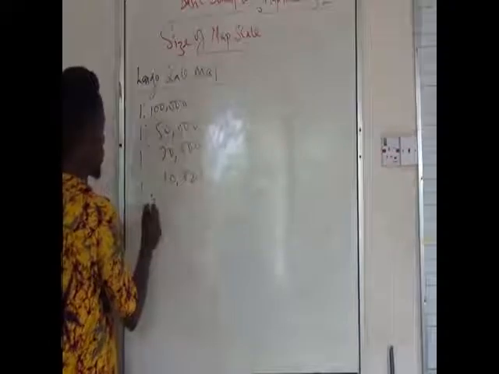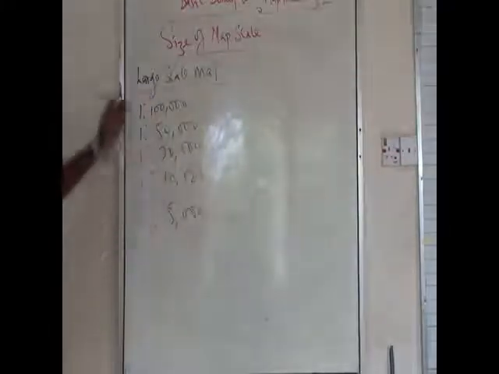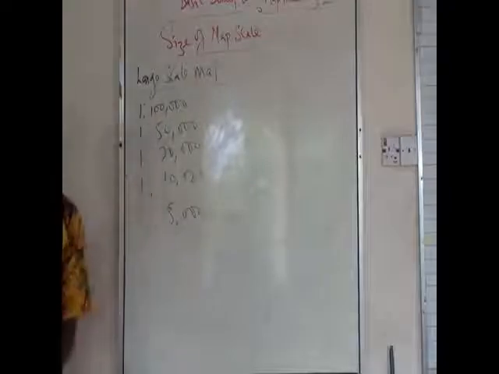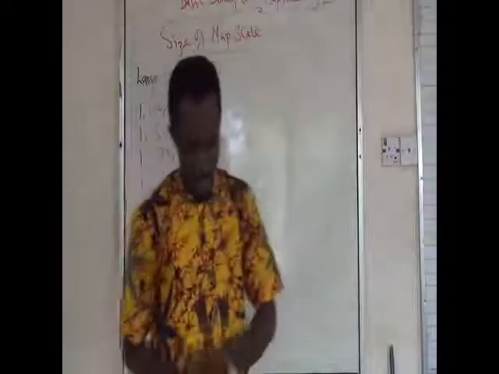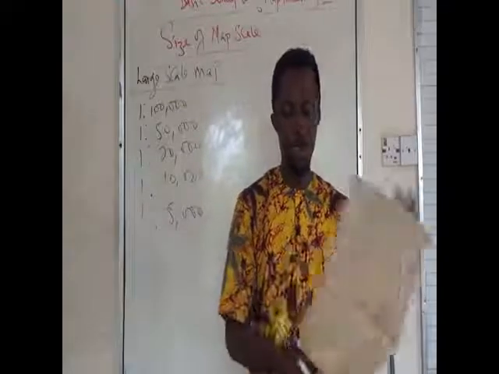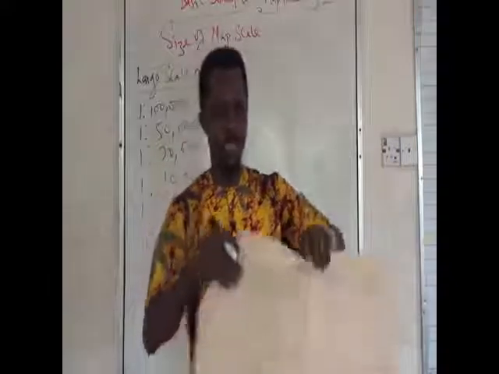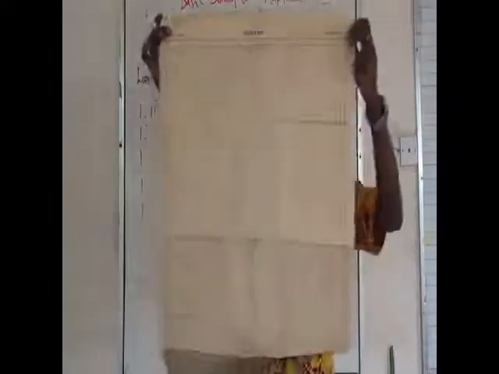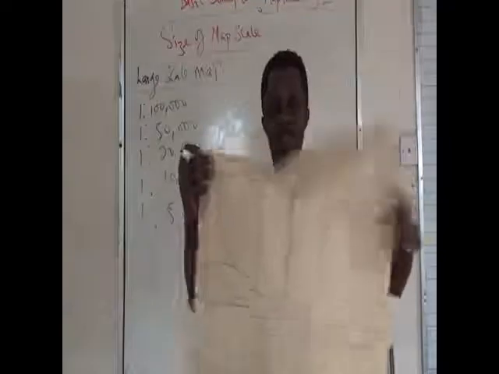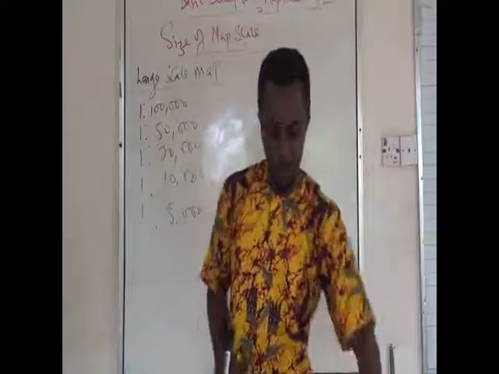Of course, we can also have 1:5,000. These are all large scale maps. Then a typical example of a large scale map is a topographical map. Of course, you know what a topographical map is. Something like this. Yes, this is a typical example of a large scale map.